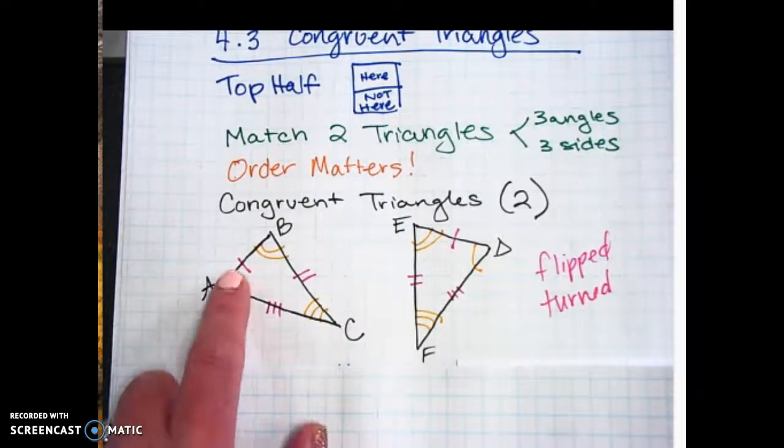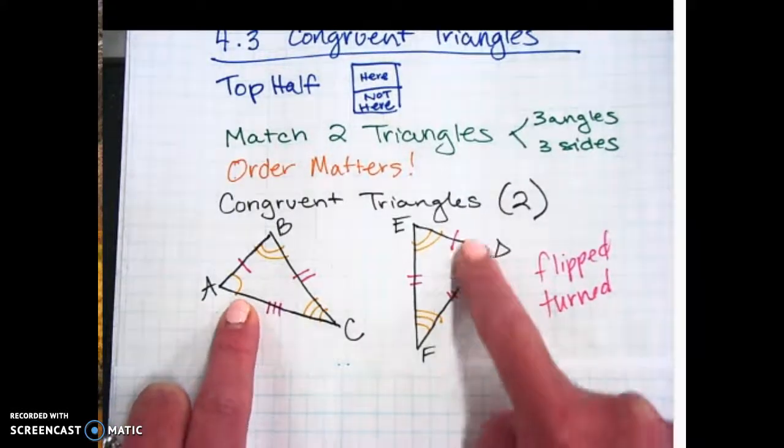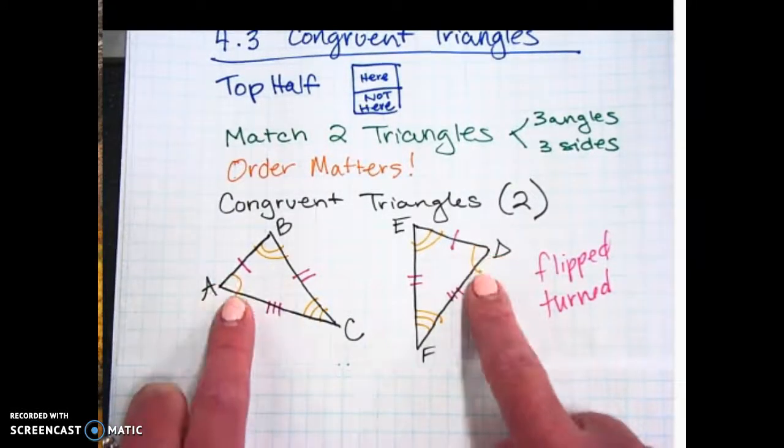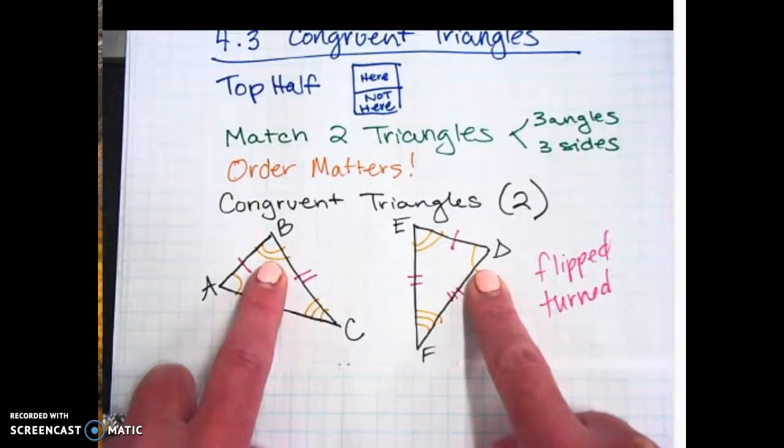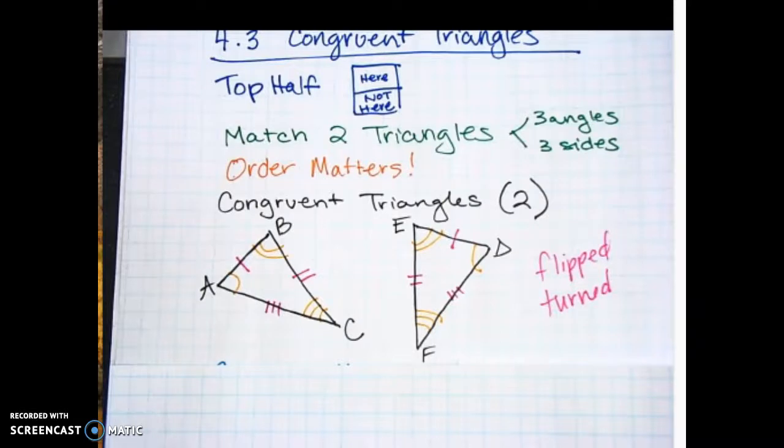So see how angle A has a single arc and angle D has a single arc? That means those 2 angles are congruent to each other. And angle B has a double arc and angle E has a double arc. That means that those 2 angles are congruent to each other. That's inside the triangle.